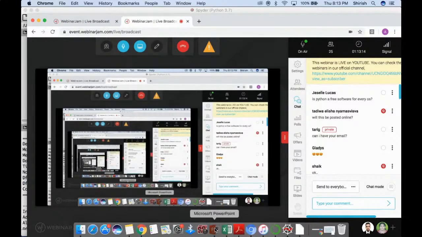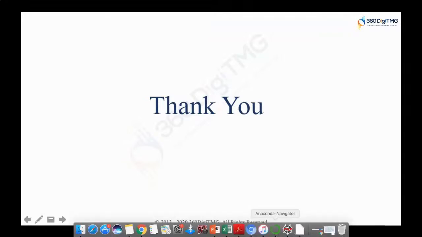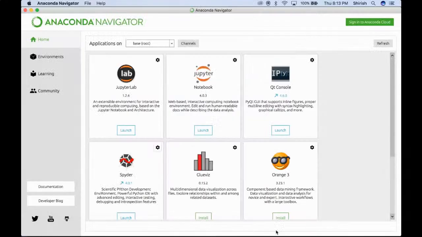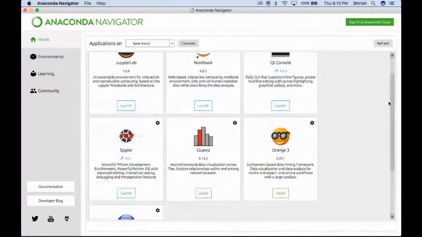Yeah, Python is a software which is good enough. It's free. You can install Anaconda Navigator, right? So you have so many other terminals and applications available here.